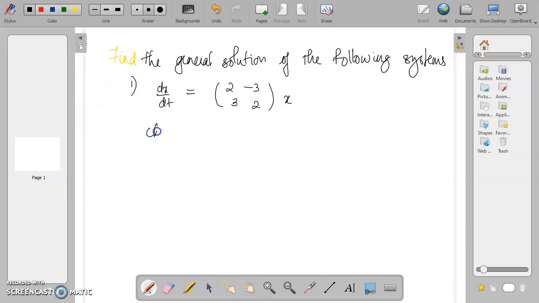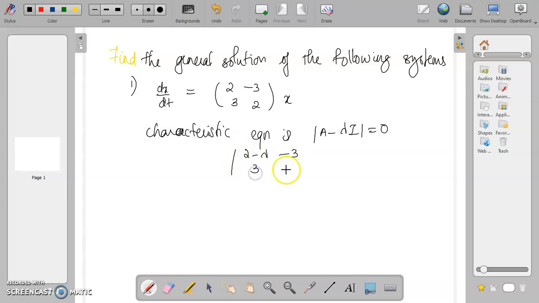So the characteristic equation is given by determinant of A minus lambda I equal to 0. So you will get 2 minus lambda, minus 3, 3, 2 minus lambda equal to 0. So that is going to give (2 minus lambda) whole square plus 9 equal to 0. So this is in the form a square plus b square.